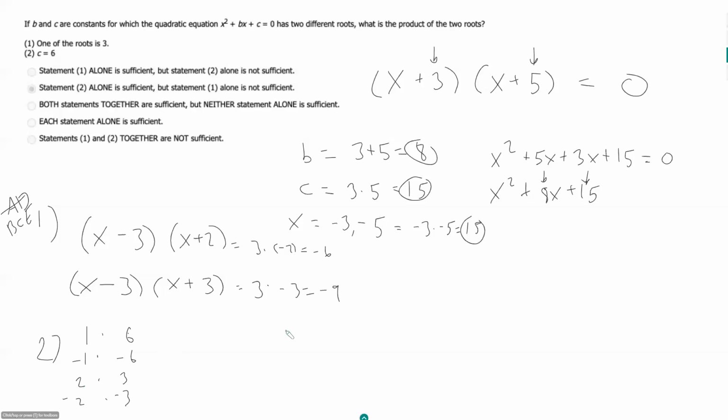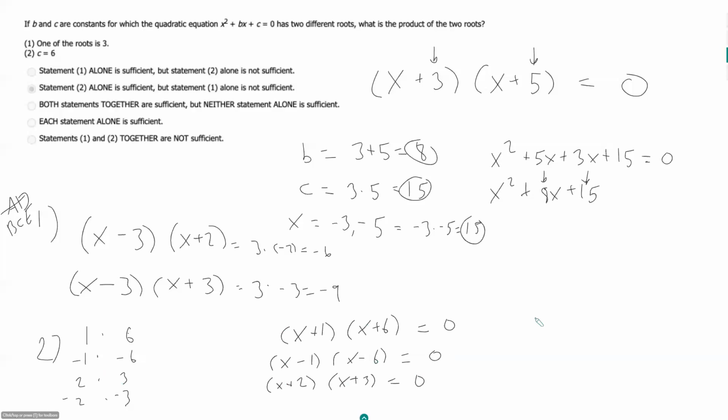So if we were to write all these out in our quadratic form, we would have x plus 1 times x plus 6 is equal to 0. x minus 1 times x minus 6 is equal to 0. x plus 2 times x plus 3 is equal to 0.